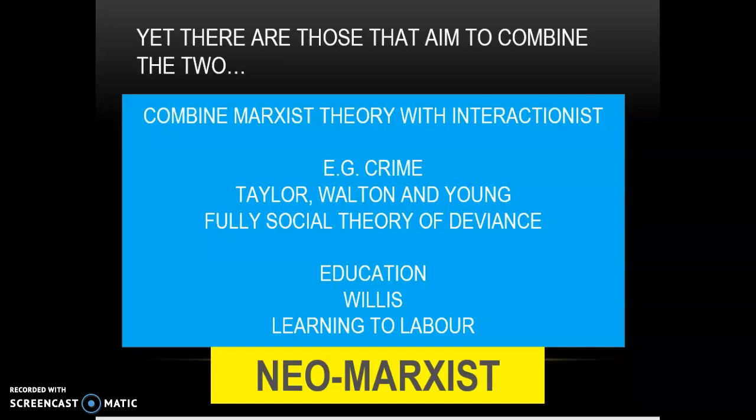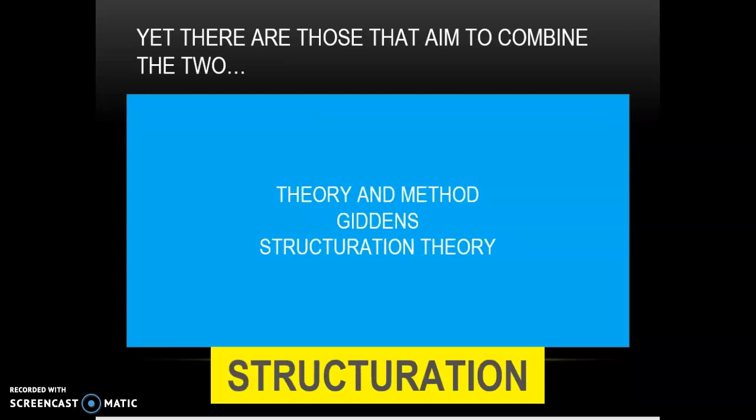Likewise, within education, Willis, also a neo-Marxist, located the influence of capitalism on the school system, wanting to create obedient workers, for example, but he recognised with the lads that he was observing that they rejected those rules, indicating a little bit of free will, but as a result, they ended up where capitalism wanted them, in working class jobs, combining the two theories. And our final is from Giddens, and this is a structuration theory.